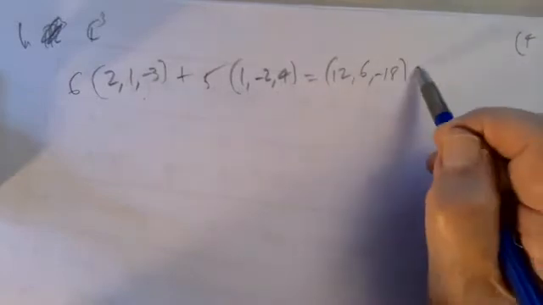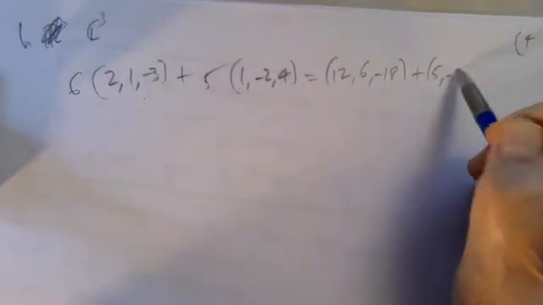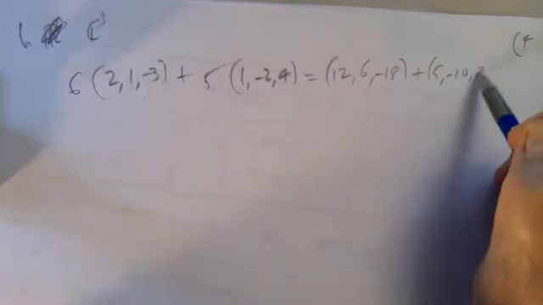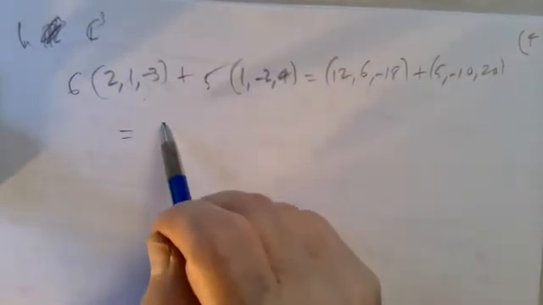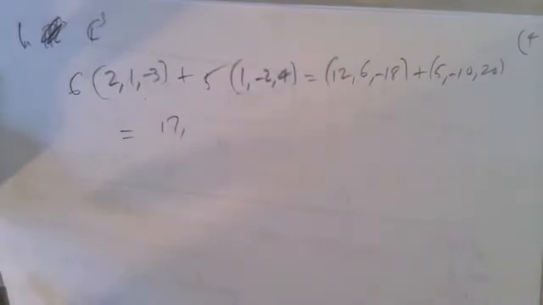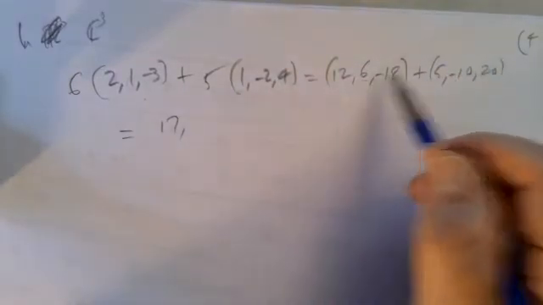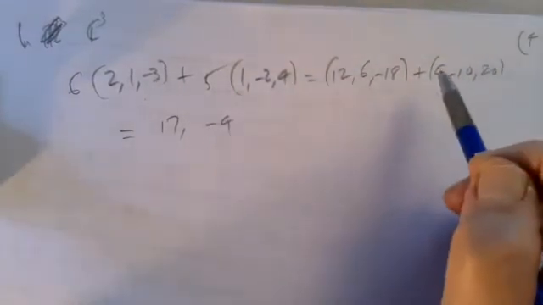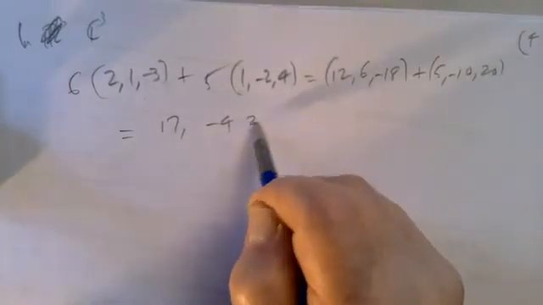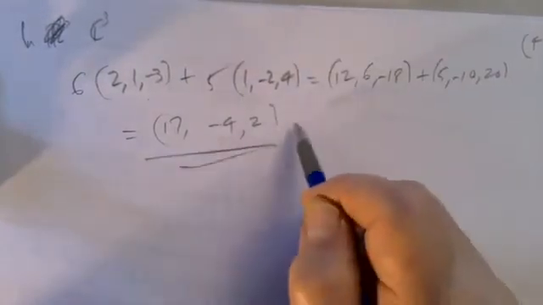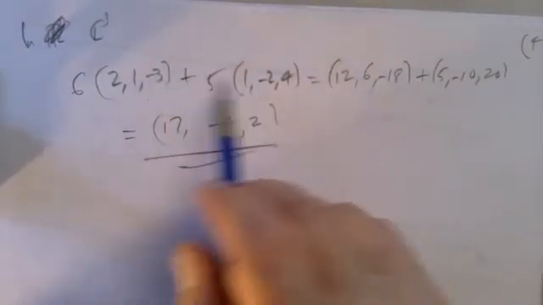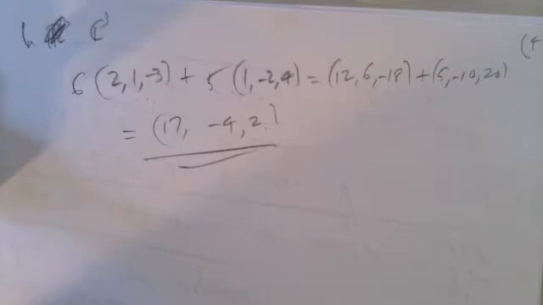Multiply the other vector by 5, you get 5, minus 10, 20. You add, and you get 17, minus 4, 2. So this vector is a linear combination of these two vectors.